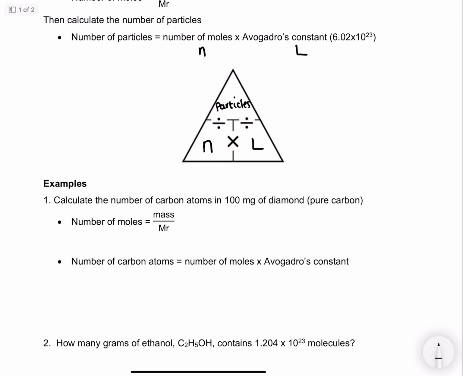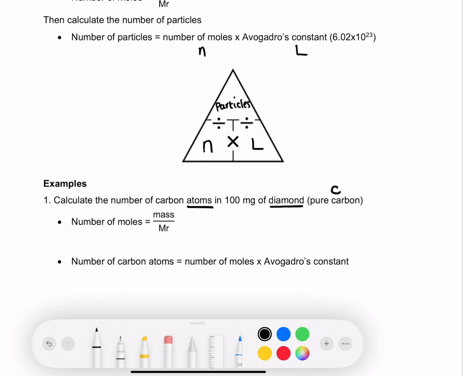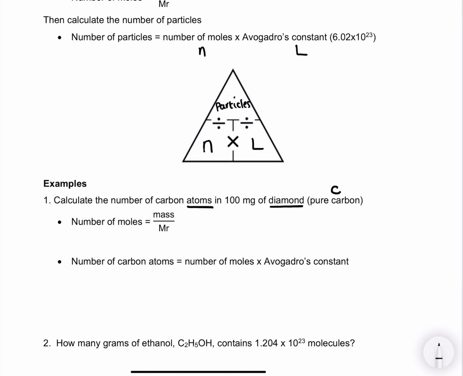So our first example says calculate the number of carbon atoms, so that's our particle, in 100 milligrams of diamond, which it says is pure carbon. So the first thing that we're going to do is calculate the number of moles by doing mass over Mr, but remember that mass has to be in grams, so we're going to convert milligrams into grams by dividing by 1,000, or 10 times 10 to the minus 3.